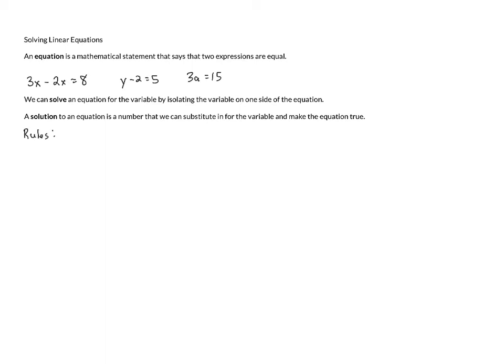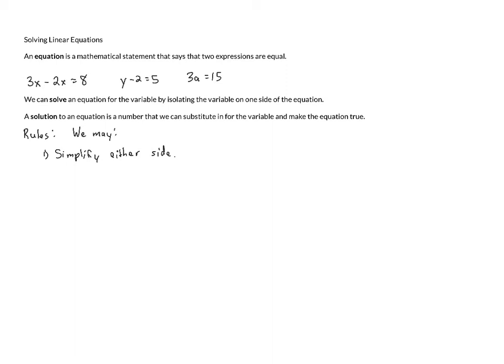So we have several rules for solving equations, and each of these rules tells us something that we are allowed to do, something that we may do. One thing that we may do is simplify either side of the equation.